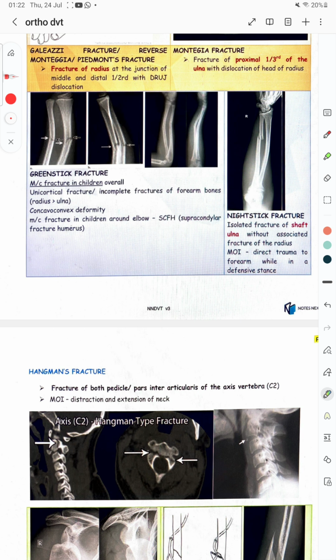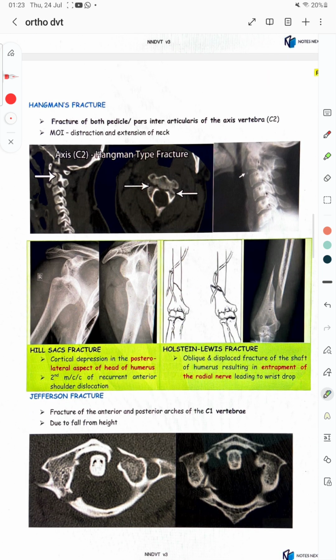Nightstick fracture, isolated fracture of the shaft of the ulna without associated fracture of the radius. Mode of injury is direct trauma to the forearm while in a defensive stance. Hangman's fracture, fracture of both pedicle and pars interarticularis of the axis vertebra C2. Mode of injury in Hangman's is distraction and extension of the neck.